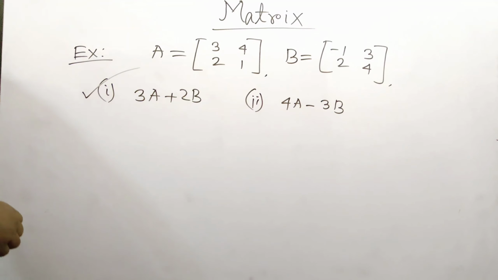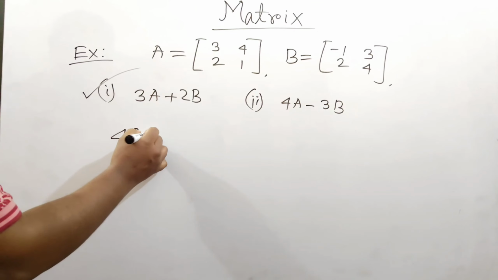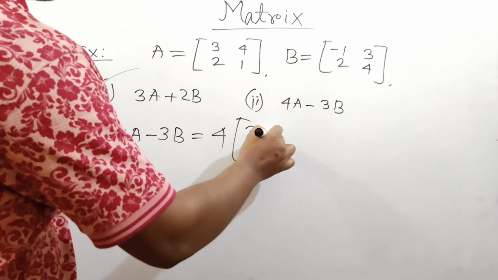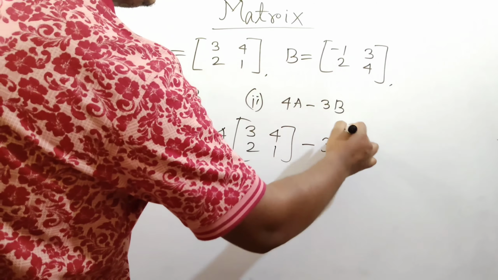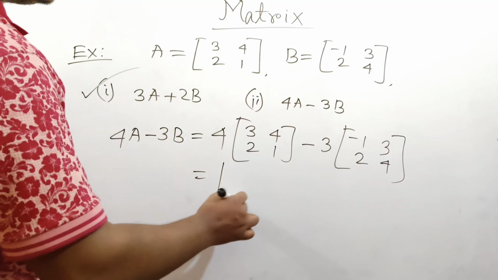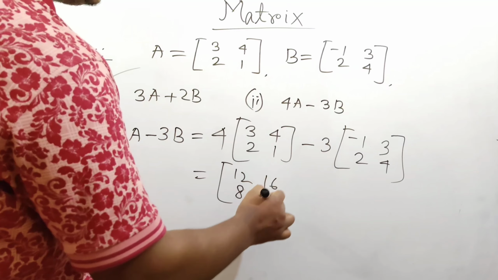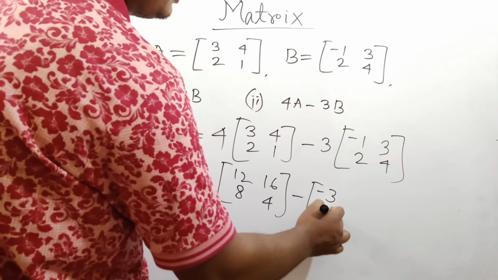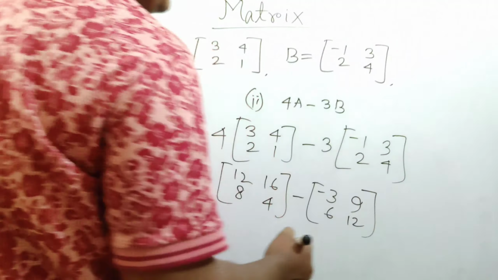Now if we solve number 2, that is 4A minus 3B, here also we'll do the same thing. You first multiply with 4, 3 2 4 1, negative 3 multiple B, negative 1 2 3 and 4. If you do the multiplication, 4 3s are 12, 4 2s are 8, 4 4s are 16, 4 1s are 4, negative 3 1s are negative 3, 3 2s are 6, 3 3s are 9, 3 4s are 12, and then you just do the subtraction.